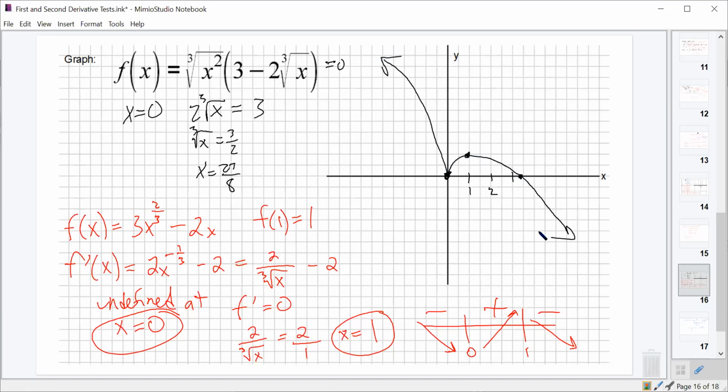And we should have been clued in that this point at 0, 0 wasn't going to be a nice smooth local minimum, because we got that local minimum from a place where the derivative was undefined. And that's exactly what we have here, a cusp at this place where the derivative was undefined at x equals 0. And then we had a nice smooth local max at x equals 1, because that came from the derivative being 0. Good or no?